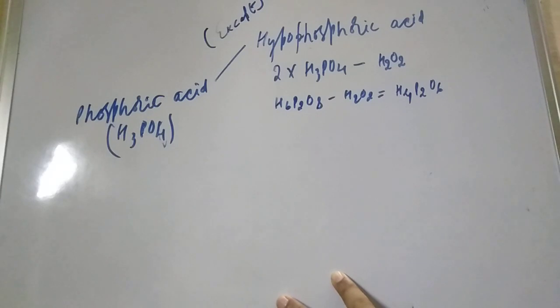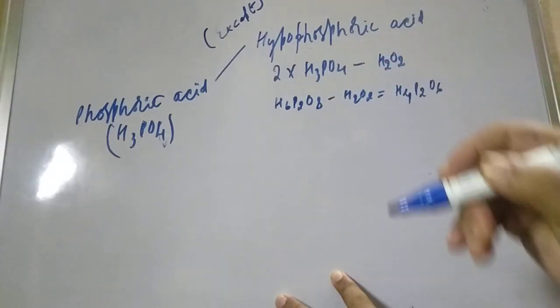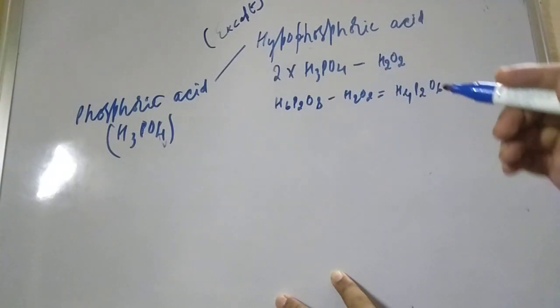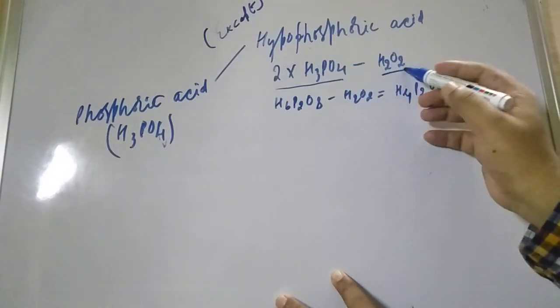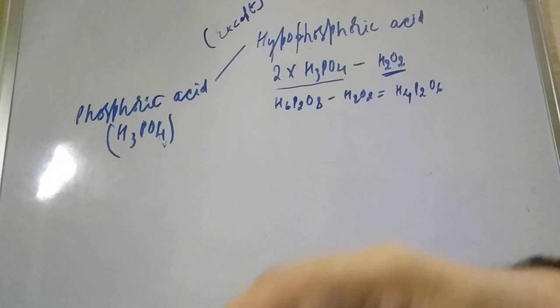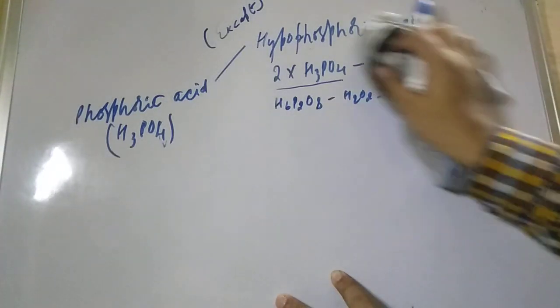Now we are going to study the structure. In hypophosphoric acid, that is from 2 molecules of phosphoric acid, you are removing H2O2. So how to draw the structure, let us see.